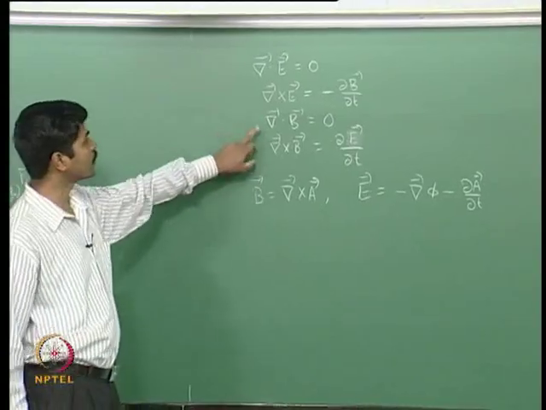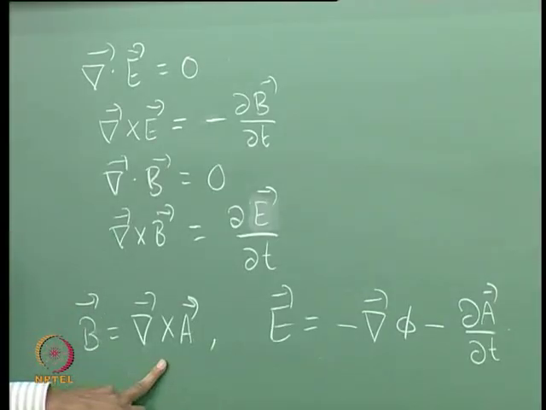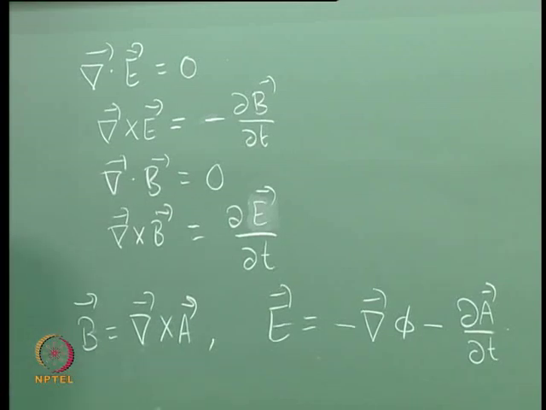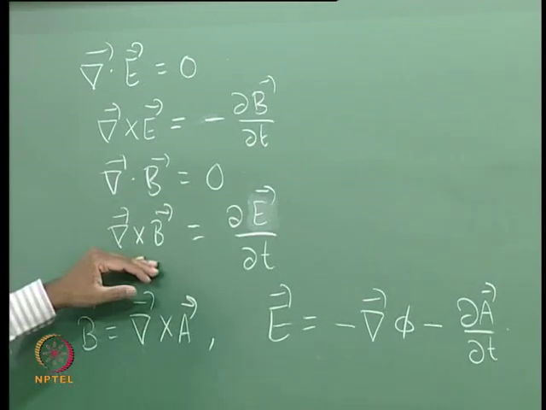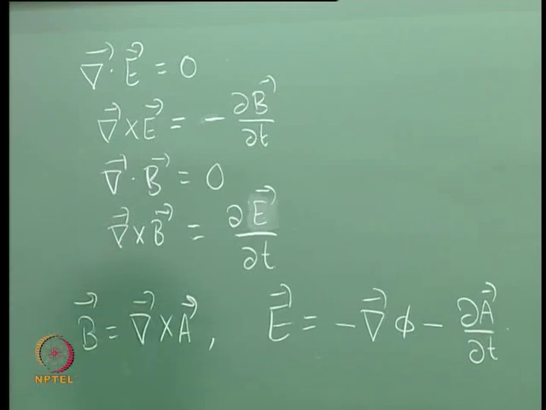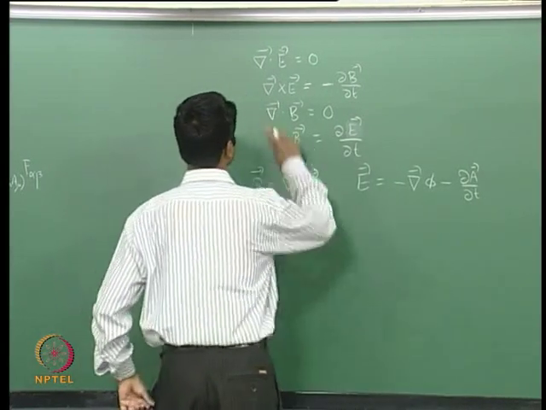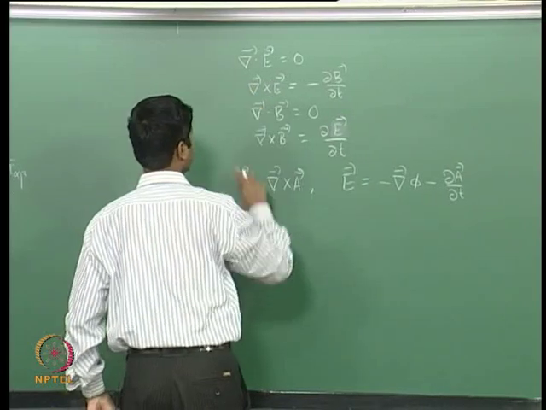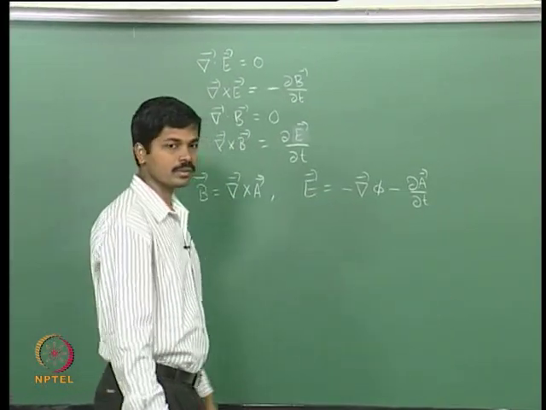You can check that from these two equations. This implies that B has to be the curl of a vector field, and now you can plug this form in this one, and then you can see that it has to be of this form, or you can plug it here, and then you can see that the electric field has to have this form.